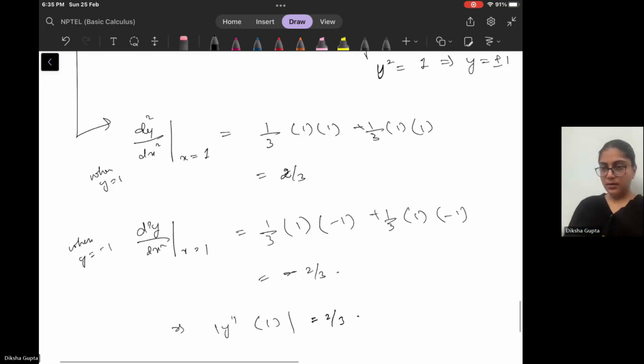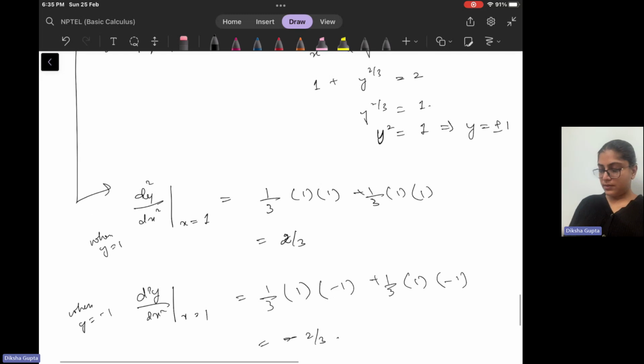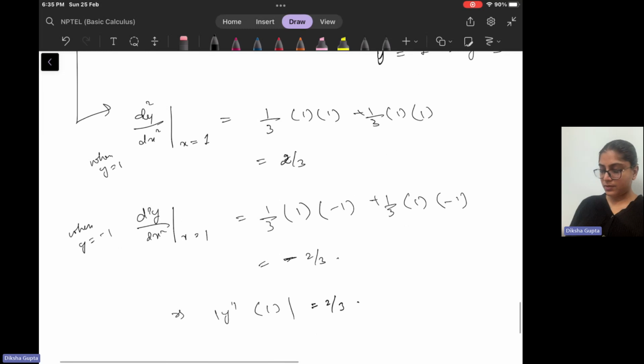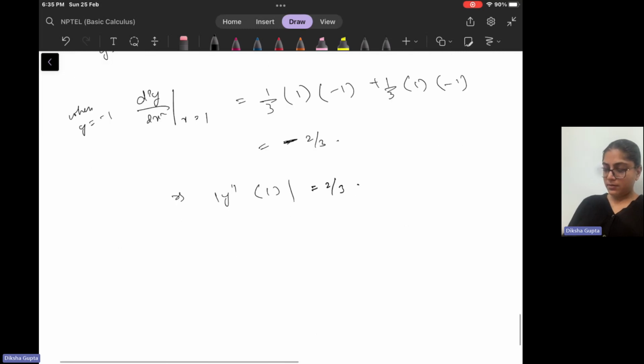Right? Minus 1 raised to power minus 1 by 3 is minus 1, so we'll get minus 2 by 3, and the modulus will be 2 by 3. Right?